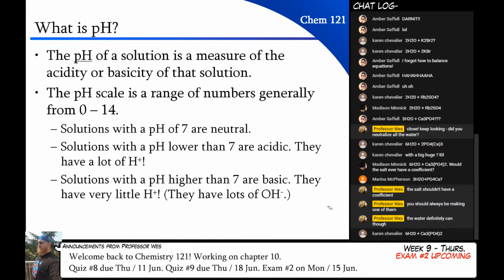Those solutions will have H+ in them, so if you add more H+, the pH goes down. Solutions that are higher than pH 7 will have less H+ or more OH-. As you go further away from 7, the more and more acidic or basic you get. So pH 0 is extremely acidic and pH 14 is extremely basic.